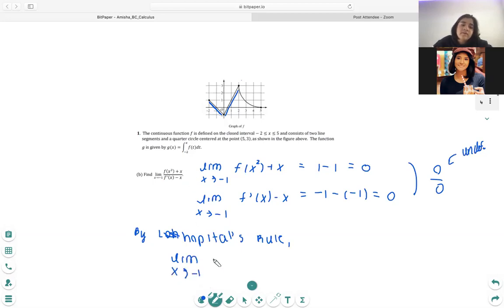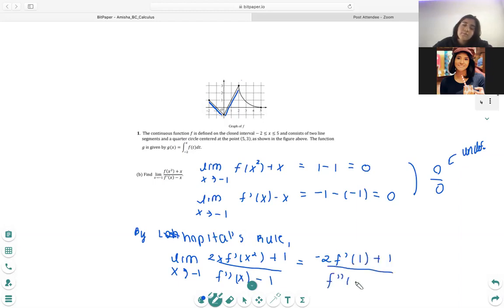So taking the derivative of the numerator, we get 2x f prime of x squared plus 1 divided by f double prime of x minus 1, right? So here we're looking at -2 times f prime of 1 plus 1 divided by f double prime of -1 minus 1.